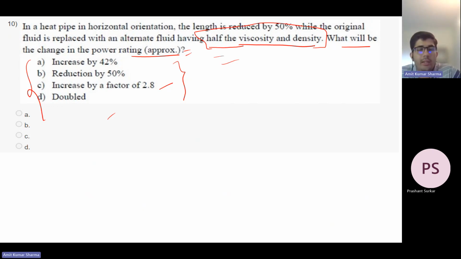Try to think of the answer with the viscosity, density and length. Any idea? Try to apply some basic mathematics.